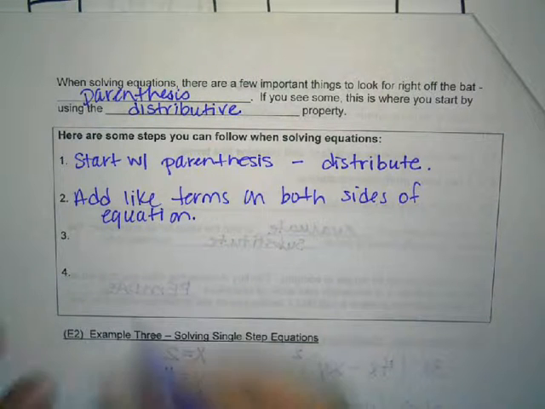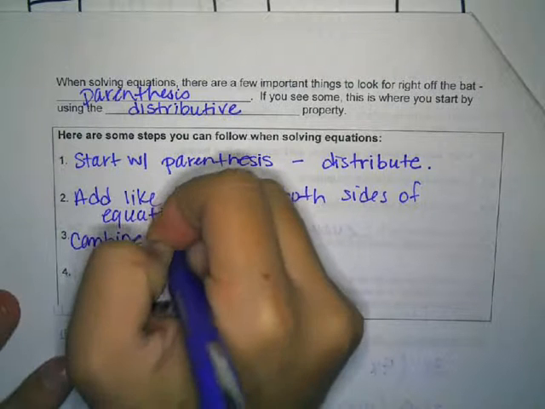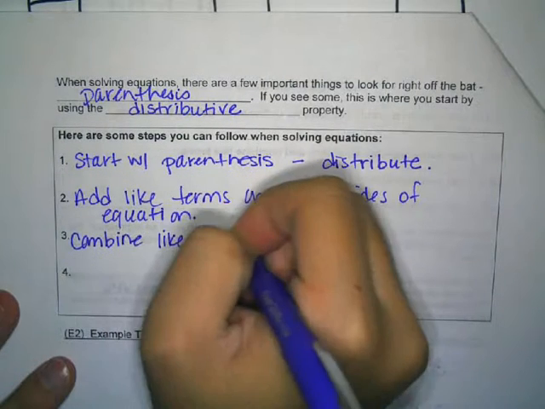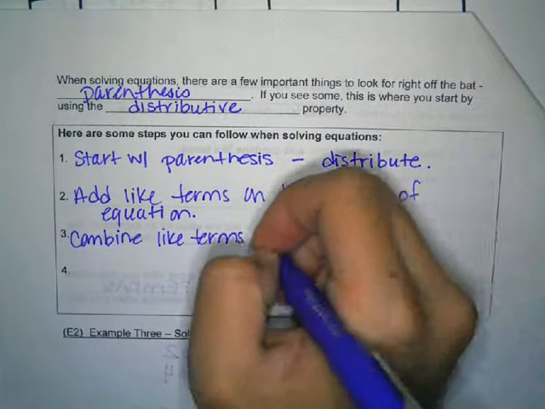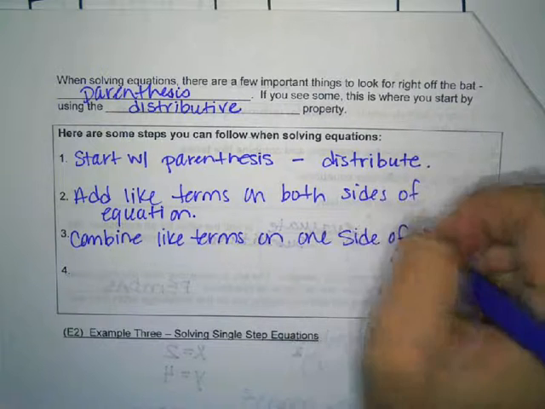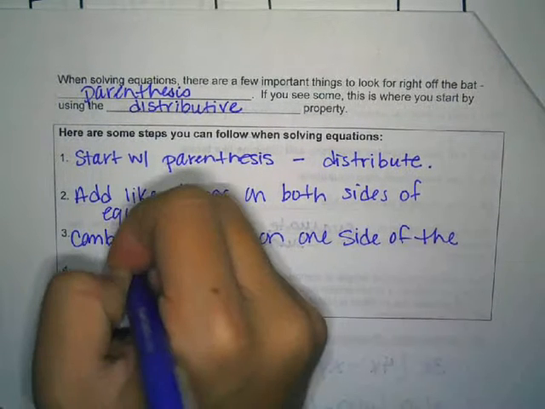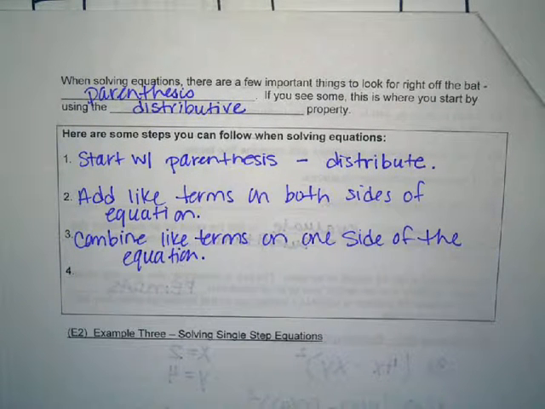And then you combine like terms on one side of the equation. What I mean by that is if you have an x on the left side and an x on the right, you want to get them both together on one side.